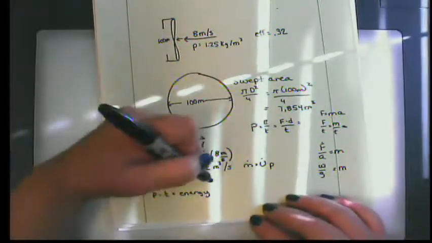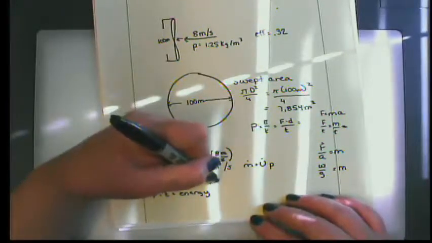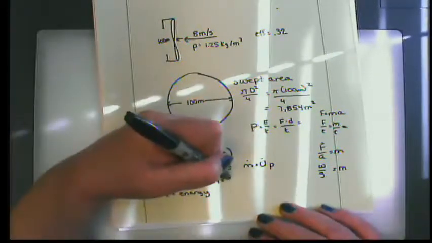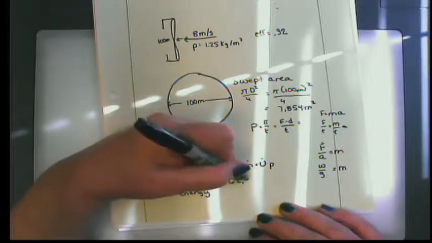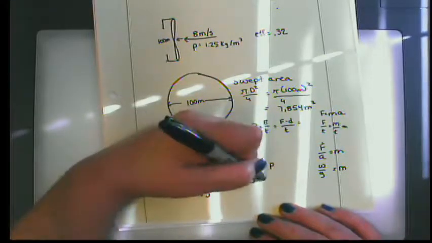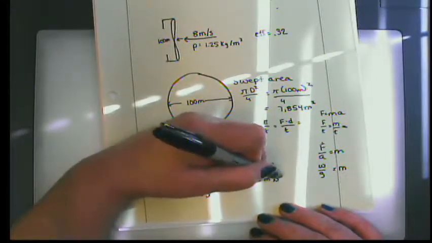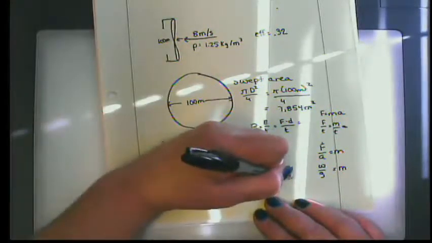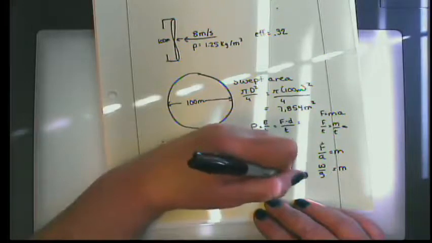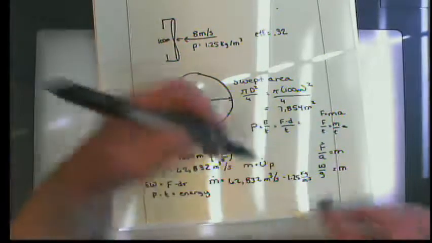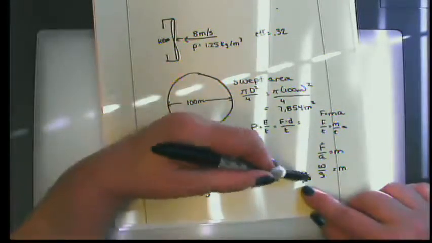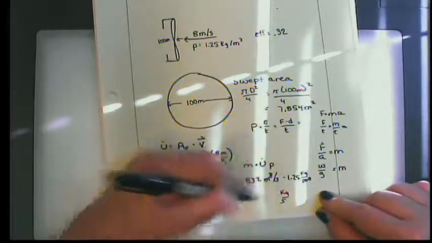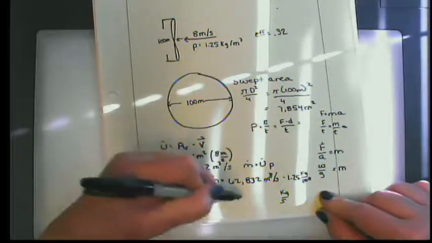So we can start here and say then that our mass flow rate of air going past our turbine is going to be the volumetric flow rate of 62,832 cubic meters per second times the density, which is 1.25 kilograms per meter cubed. So what happens then is our meters cubed cancel out and we're going to get kilograms per second, which is a mass flow rate.